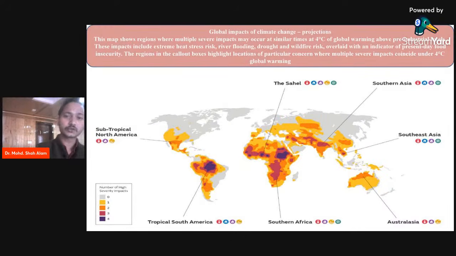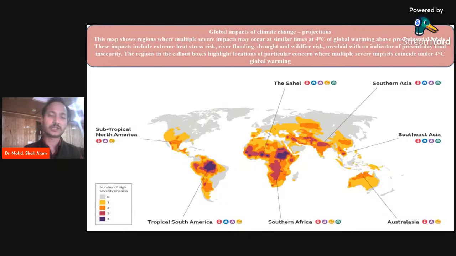Now, the next slide shows the global impact of climate change projection. This map shows where multiple severe impacts may occur at a similar time at 4 degrees Celsius of global warming over the pre-industrial era, or after the industrial revolution.